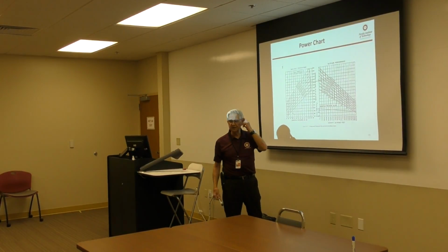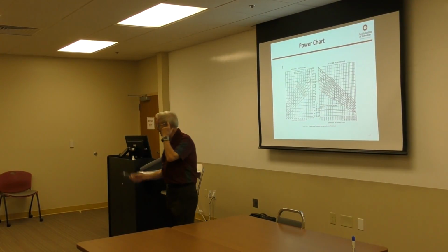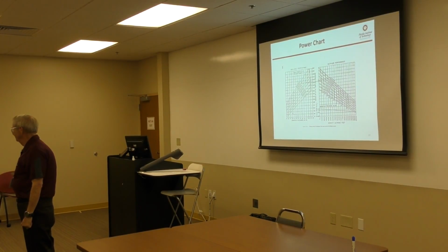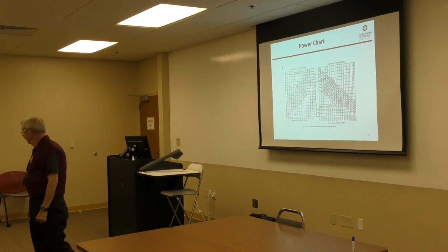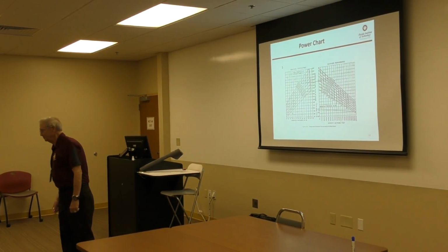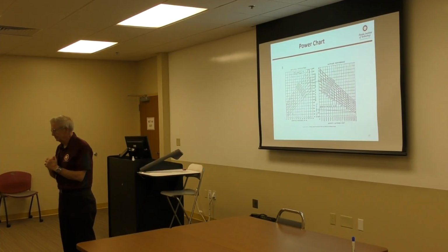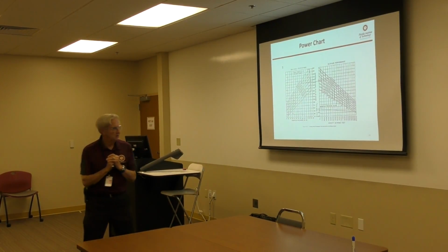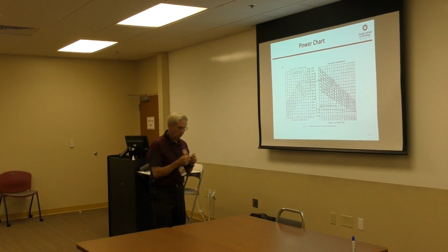Now, how do we read this thing? Because you're going to have to read it. You've got one in your handout. If you've got it with you, let's open that up to that power chart. I'm going to give you some numbers, and I want you to tell me what the horsepower is going to be.